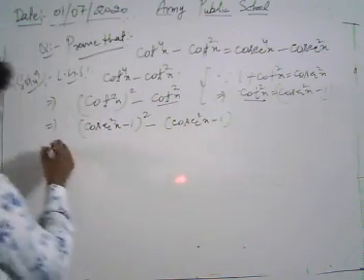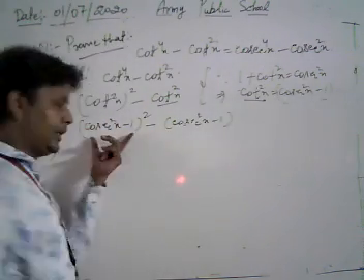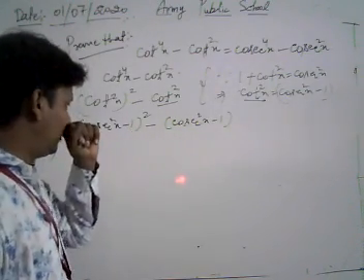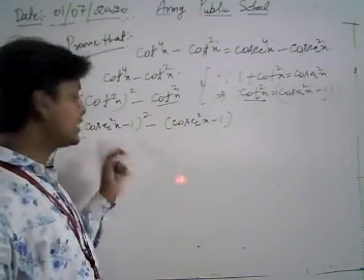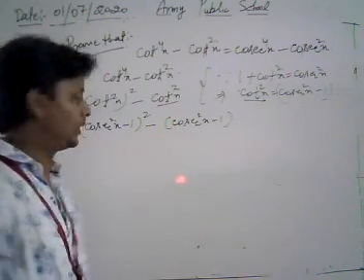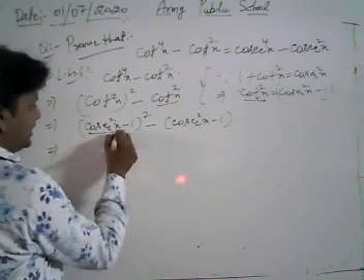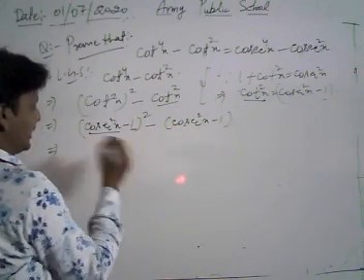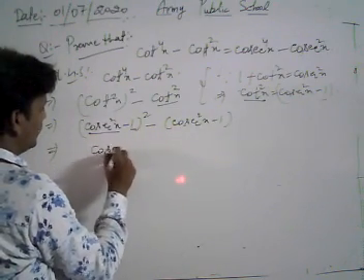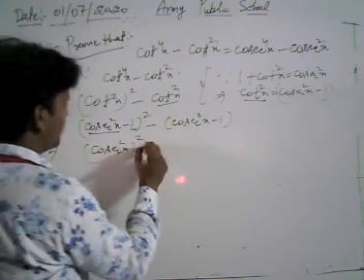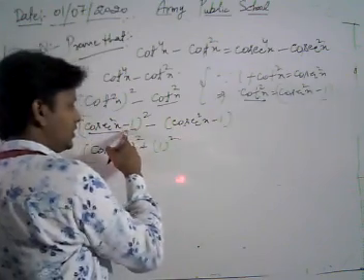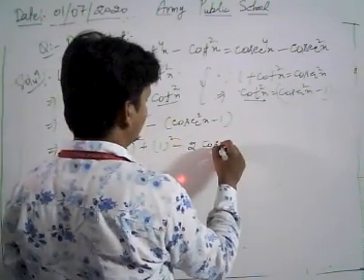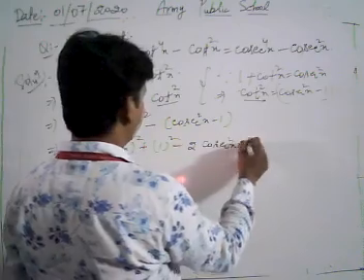Now we expand that part based on the identity a minus b whole square, that is a square plus b square minus 2ab: cosec square x whole square plus 1 minus 2 cosec square x into 1.